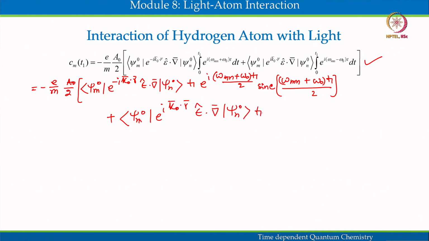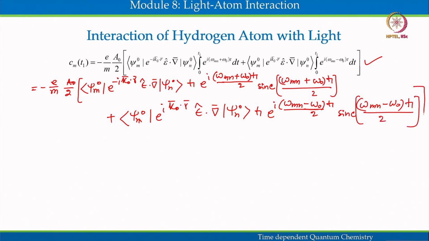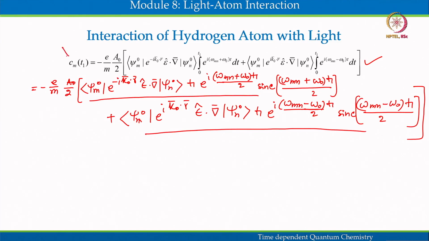Then I have T1 e to the power i (omega mn minus omega naught) T1 by 2, using the minus term, and then the cardinal sine function of (omega mn minus omega naught) T1 divided by 2. Then this entire thing is within the bracket. So we have two terms, the first term and the second term, and these two terms are going to contribute to the population in the mth state.